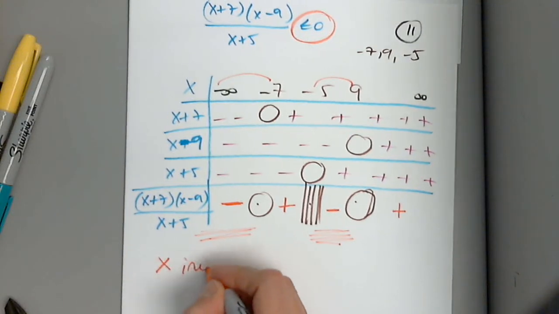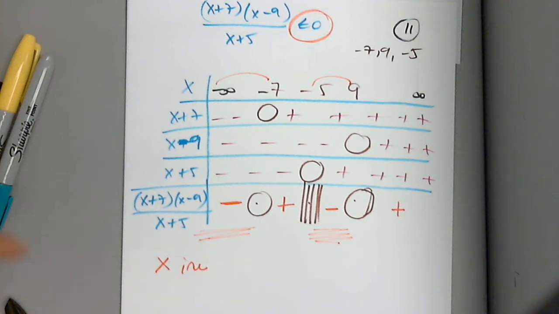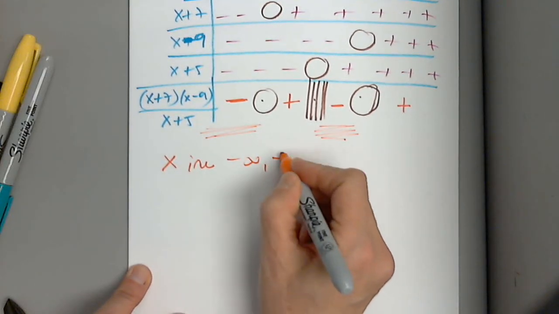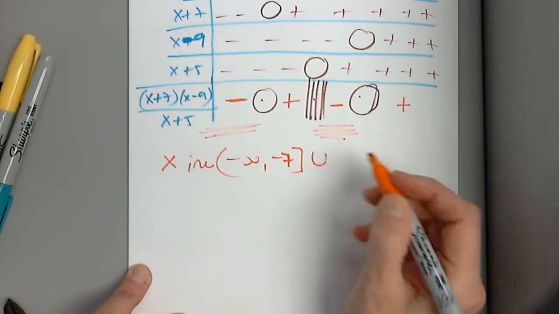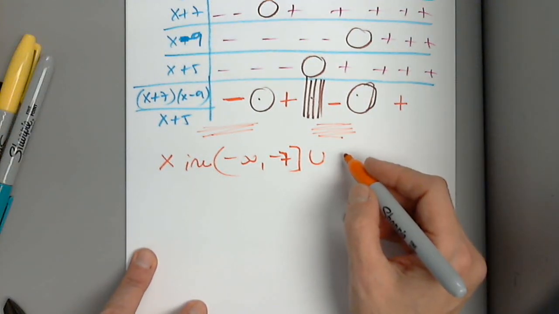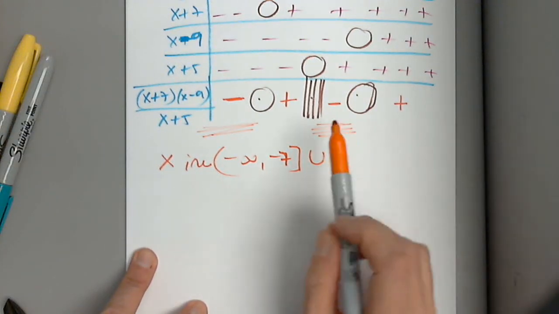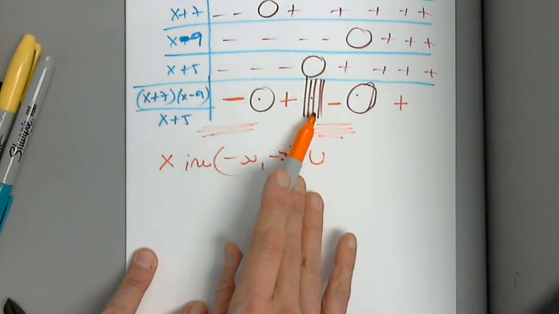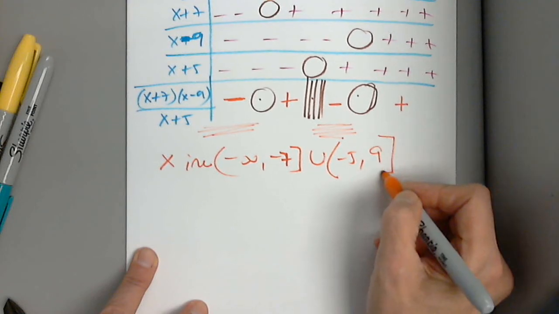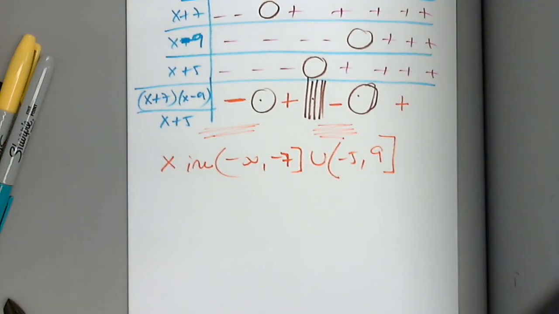So x is found in the interval: negative infinity to -7, bracket, then -5 to 9. Careful: I cannot put a bracket at -5 because of this, only at -7 and 9. Very good. Any questions for me?